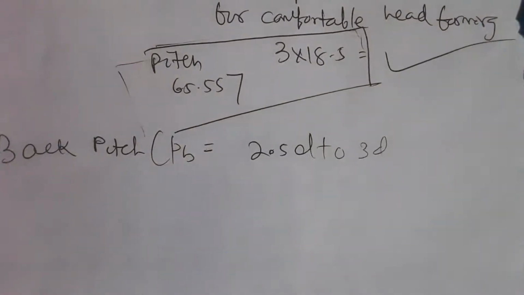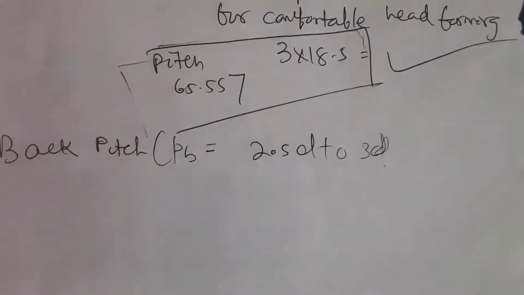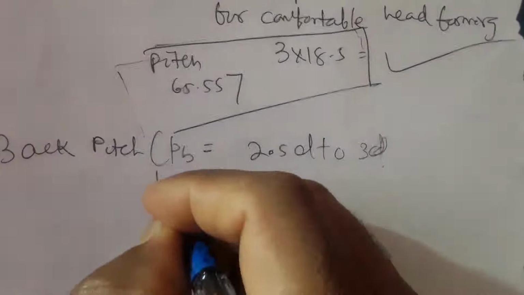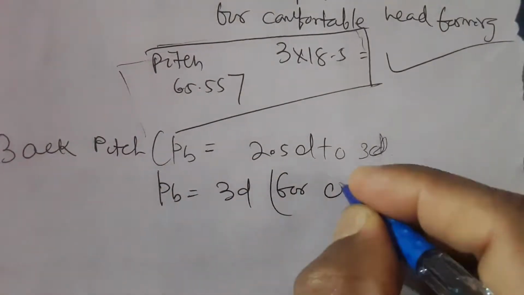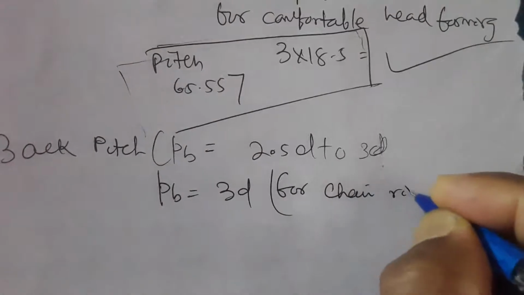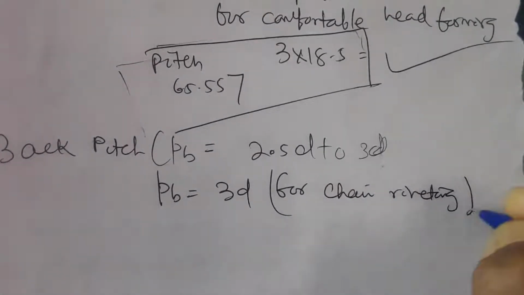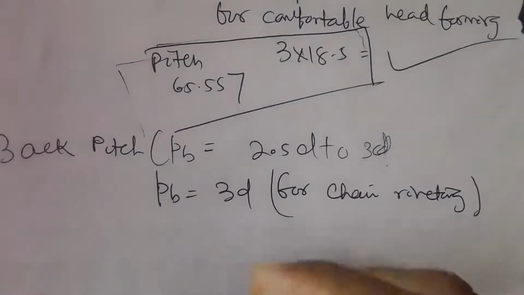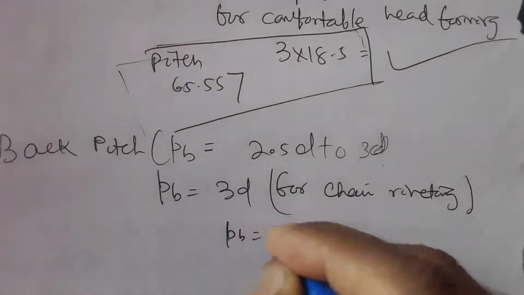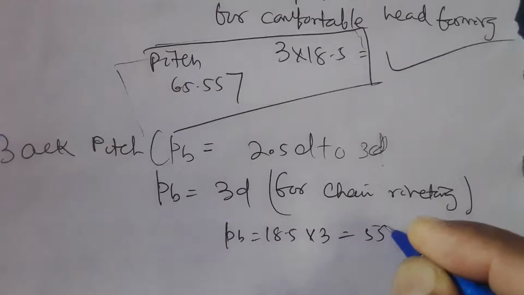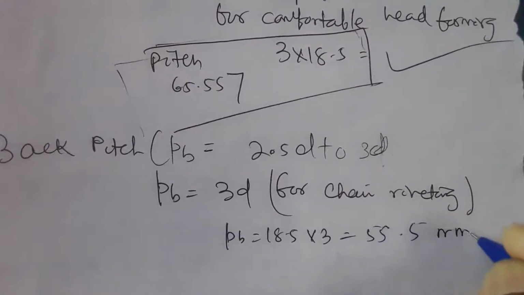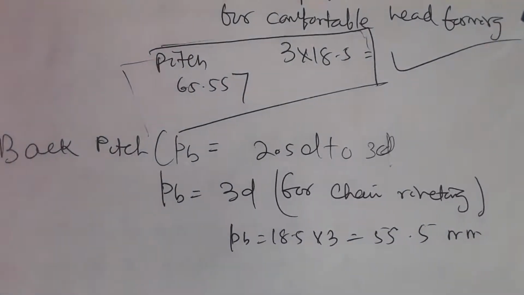For chain riveting, higher values are taken, so we can take PB is equal to 3D for chain riveting. So PB is equal to 18.5 into 3, which is 55.5 millimeter, or 56 you can take.